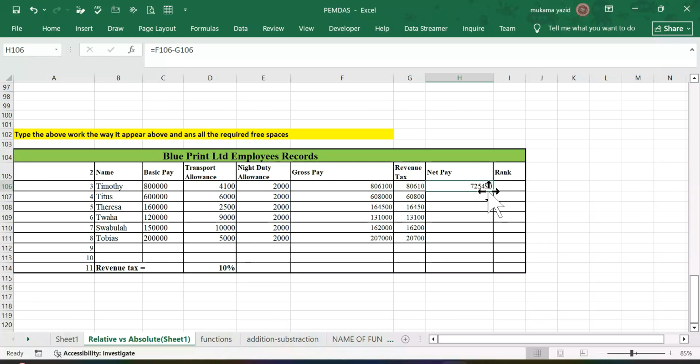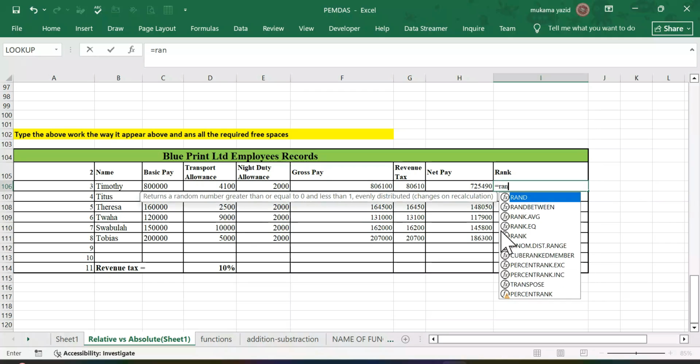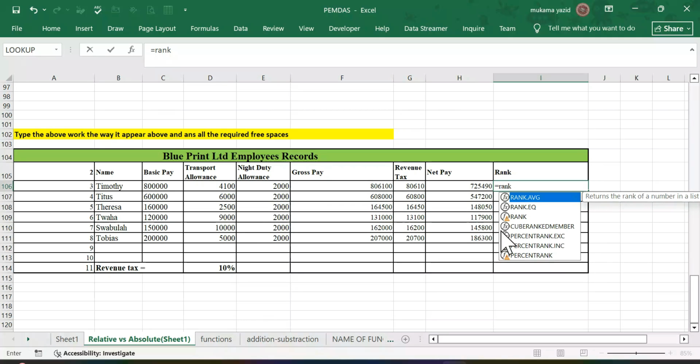Then let us use the autofill handle to get that one. If you want to rank and see who earns the highest amount, we can use rank. We rank depending on the amount, so we're going to check this function.